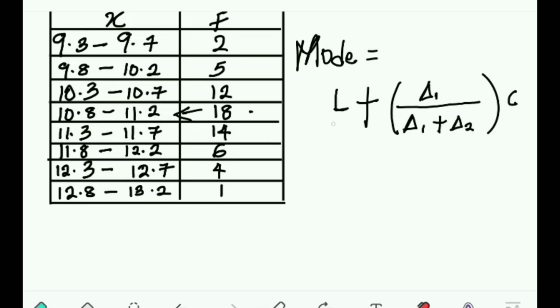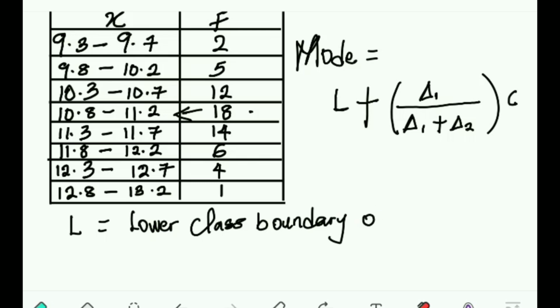L represents the lower class boundary of the modal class. In this case, we're talking about a modal class. The modal class here is that class that has the highest frequency. So the modal class is 10.8 to 11.2.